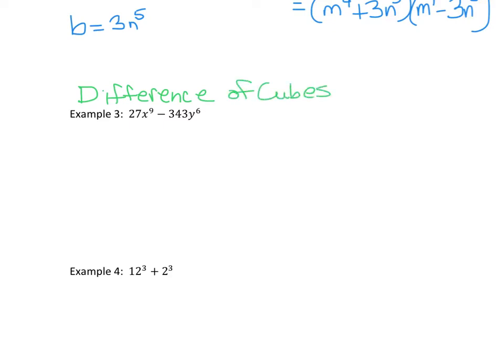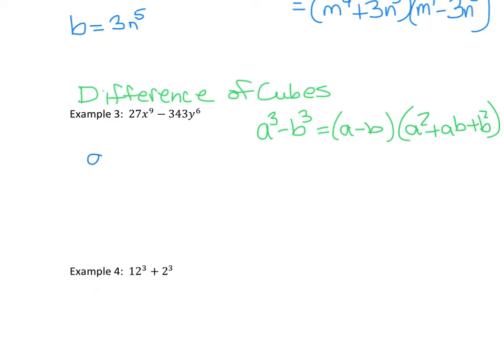The difference of cubes identity says that a cubed minus b cubed equals that first binomial, that linear binomial, and the sign here is going to be the same. Subtraction, subtraction. So we've got a minus b times a squared, and now we want plus ab, the opposite sign, plus b squared.